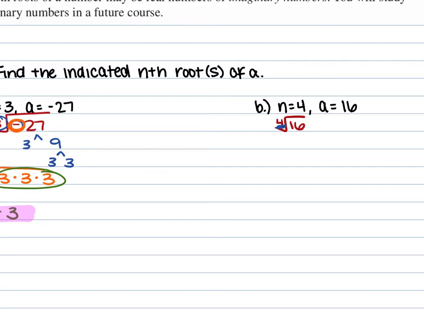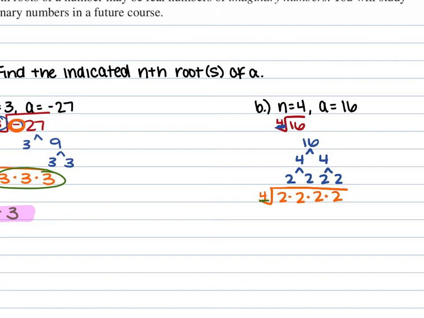So first I'm going to find the prime factorization of that 16. I have, let's say, 4 and 4. The 4 simplifies to be 2 and 2. So I can rewrite this as the fourth root of the prime factorization of 16, which is 2 times 2 times 2 times 2.